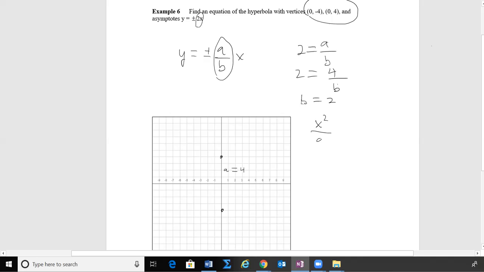We know it's x squared over, whoops, that's not an x. Let's see, that is y squared over 4 squared minus x squared over 2 squared is a 1.